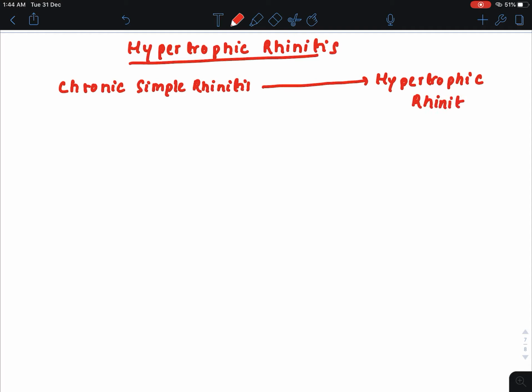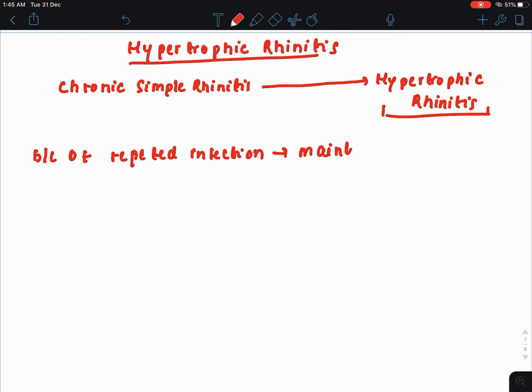Then what really happens in hypertrophic rhinitis? Because of repeated infection, mainly submucosal fibrosis occurs.